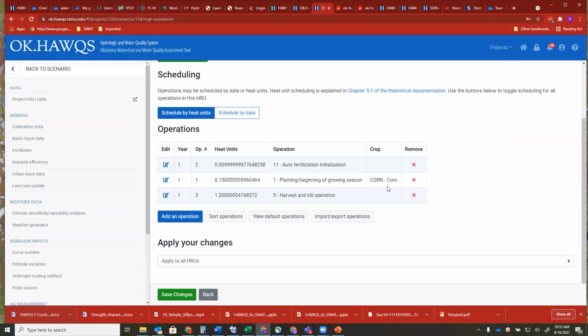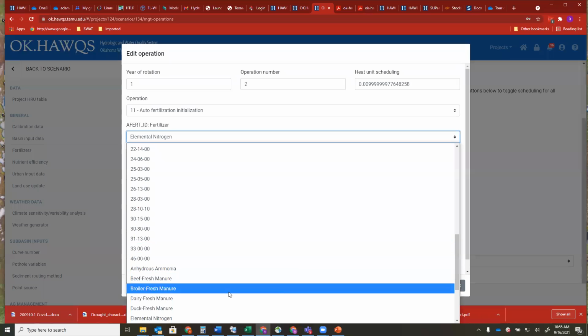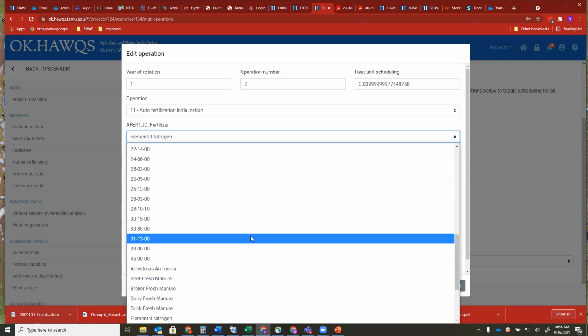You can even have a rotation, a 2-year rotation, corn soybean rotation or corn cotton rotation, whatever may be going on in that watershed. Then I say I want to change the fertilizer. Right now it's applying auto fertilizer, elemental nitrogen. If I want a different fertilizer, I can choose it here. Remember the fertilizer database I showed you before?